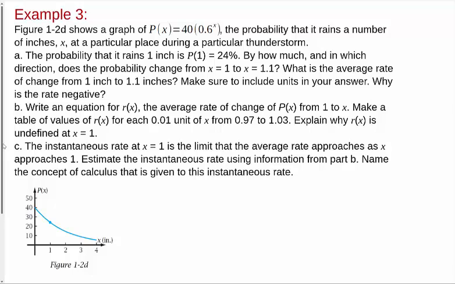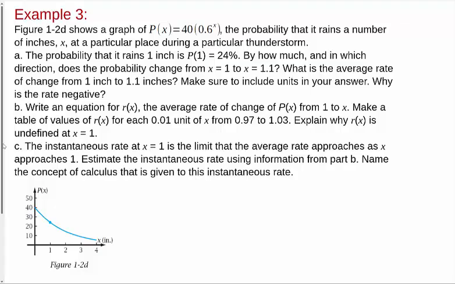What's the average rate of change from 1 to 1.1 inches? Make sure to include units in your answer. Why is the rate negative? B says write an equation for r of x, the average rate of change from 1 to x. Make a table of values for r of x for each 0.01 unit from 0.97 to 1.03, and explain why r of x is undefined at x equals 1. C says the instantaneous rate at x equals 1 is the limit that the average rate approaches as x approaches 1. Estimate the instantaneous rate using information from part B. Name the concept of calculus that's given to this instantaneous rate.